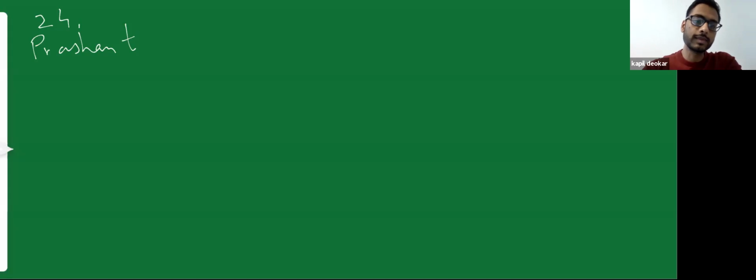Atharva has given answer 23 factorial ways. Aditya has given 24. Rutu is saying 23 factorial ways. Nidhi and Pranika are saying 23. Okay. So if we consider that Prashant is included and a total of 24 is done, then 24 people can be arranged in 23 factorial ways.